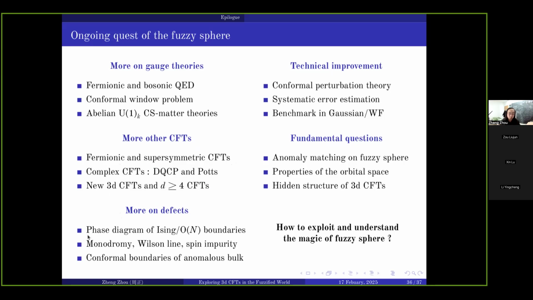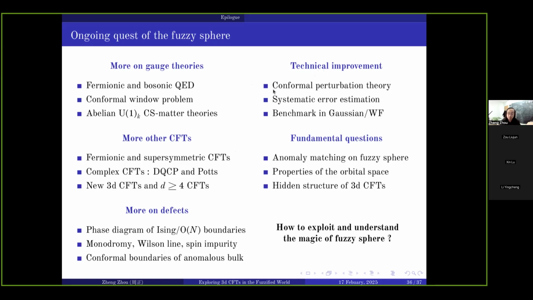Can we say more about the defects? For example, can we go through the phase diagram of the Ising or O(N) Wilson-Fisher boundaries? Can we study some more significant non-perturbative defects? For example, the monodromy and Wilson line. And can we further improve our technique?